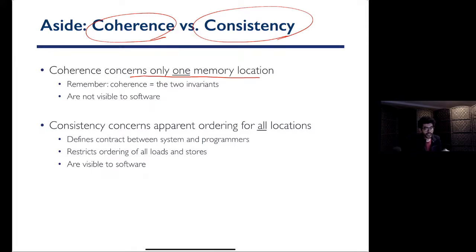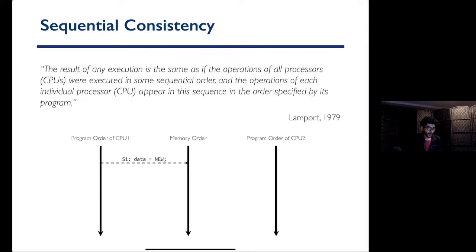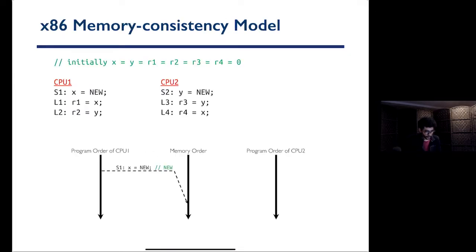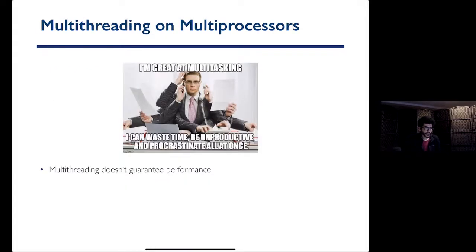Now with memory consistency, we care about the ordering of requests. So these are two different problems. Okay, so we talked about sequential consistency previously. We also talked about x86 consistency. So I'm going to move on from these.